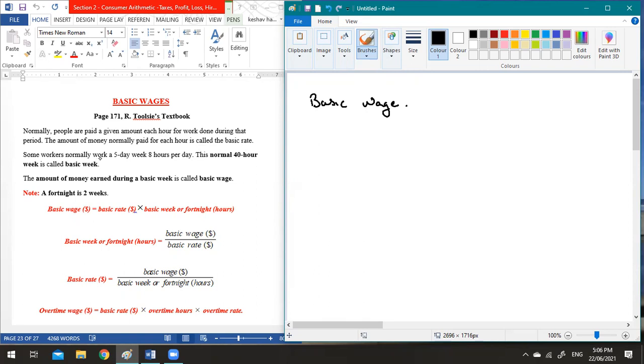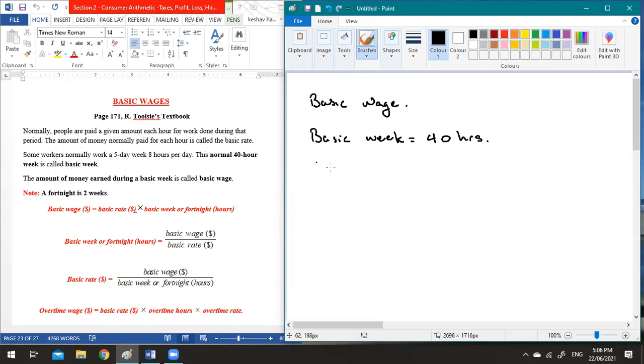Some workers normally work a 5-day week, 8 hours per day. This normal 40-hour week is called a basic week. Now this is very important to remember: a basic week is equal to 40 hours unless stated otherwise in any question.